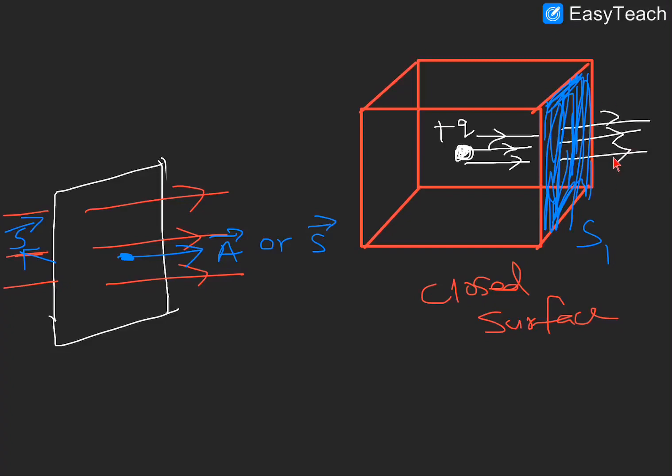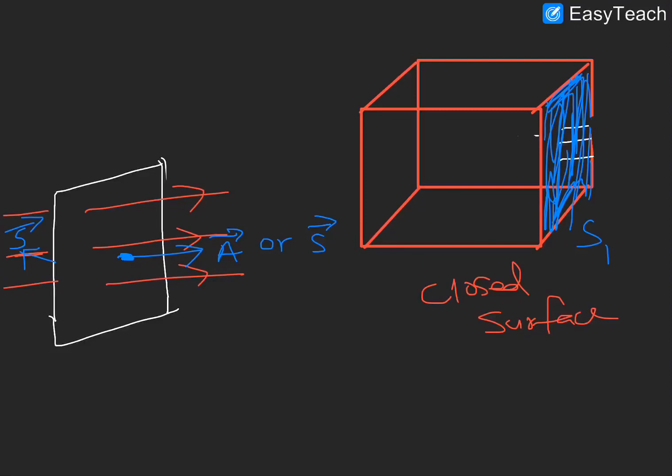Okay, now if some flux is moving in this direction, let us consider another case. Instead of this plus q, if you are having minus q there, then what happens?